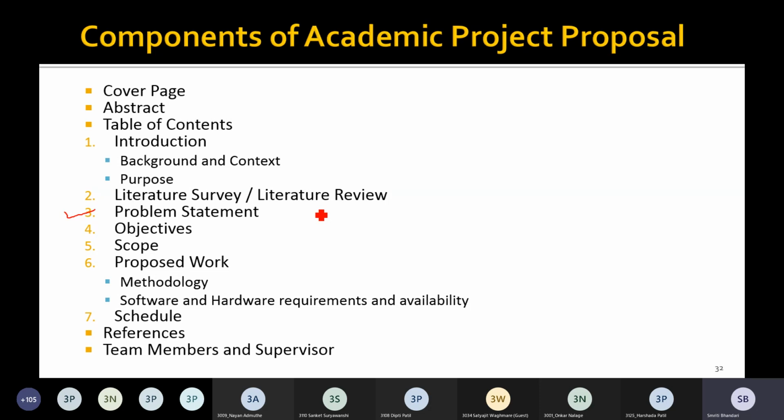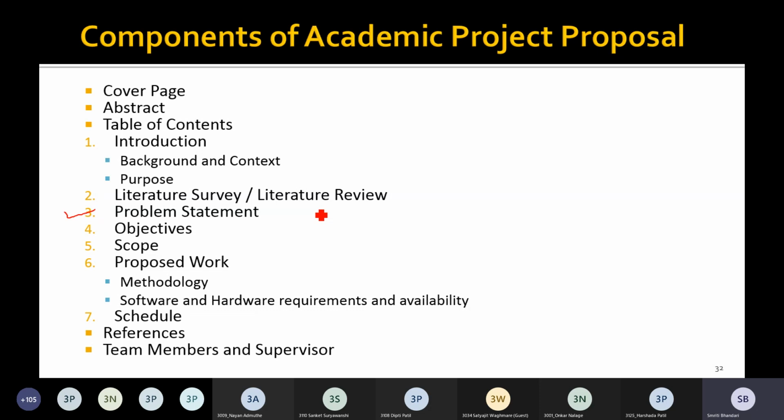So ideally, this needs to be done, or ideally this is expected. In reality, whatever is the status with respect to the topic or the project or the product or the process, if the problem is not being fixed, then what might be the consequences? Those also we may write under problem statement. Okay, so what are the consequences? We have discussed one example also.